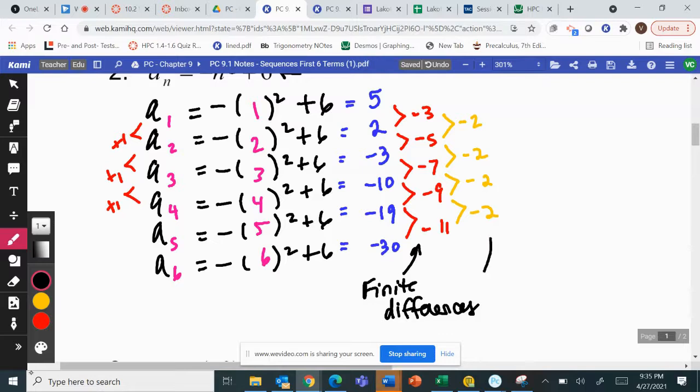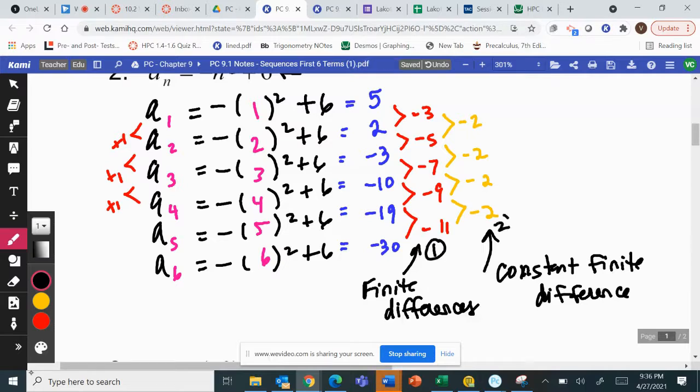And once we have a constant finite difference, the number of times that we had to take these finite differences before it became constant tells us that we have a polynomial with a degree of 2, which is a quadratic.